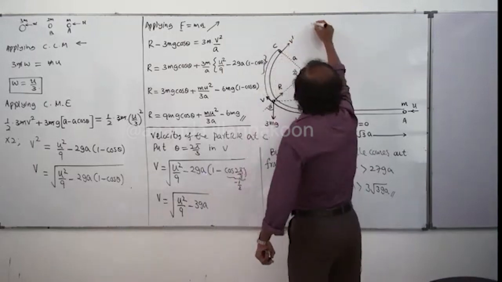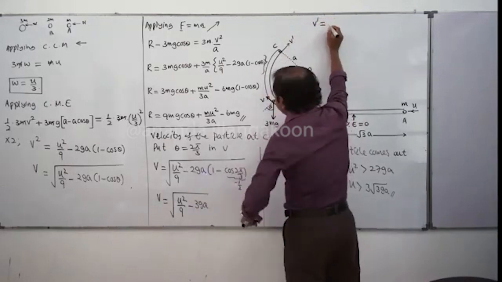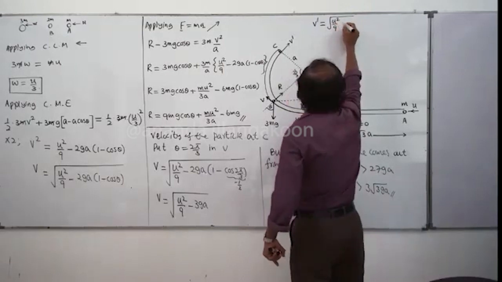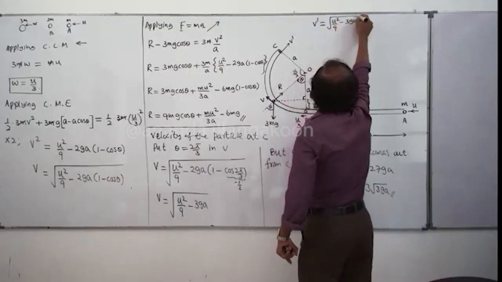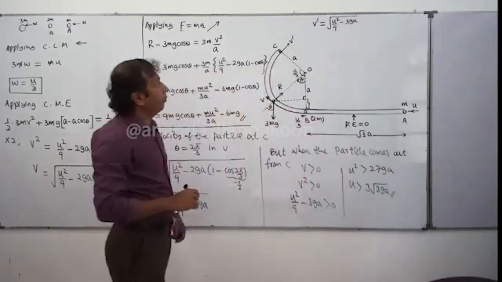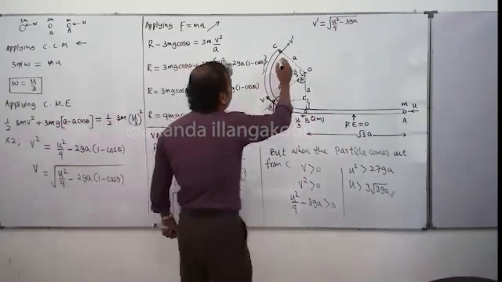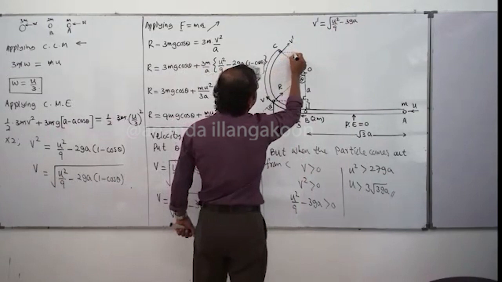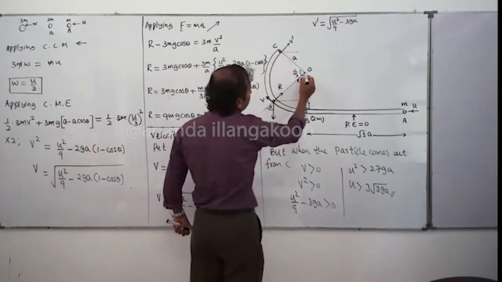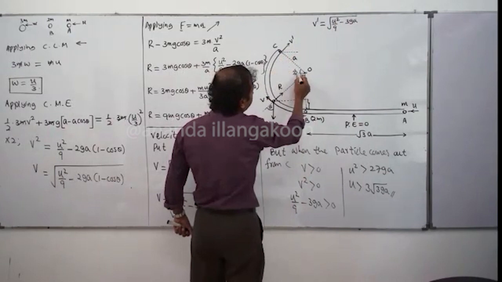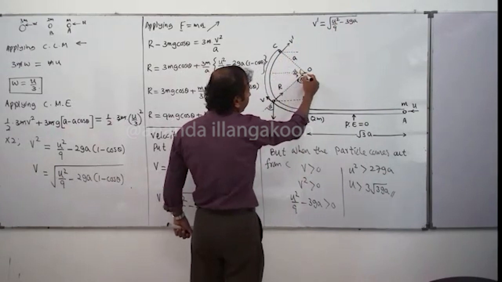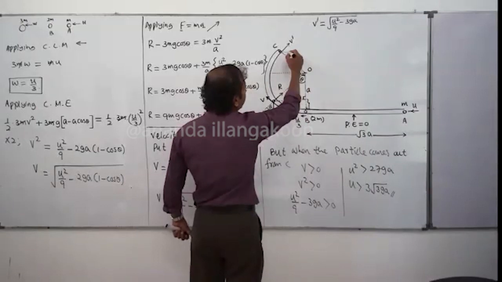What is v dash? v dash is this answer, the square root of u squared by 9 minus 3ga. At that moment, we can find the angle for this direction. If I draw a horizontal line here, 2 pi by 3 is 120. When you draw a horizontal line here, this is 90. Therefore, this is 30. If this is 30, this is also 30.